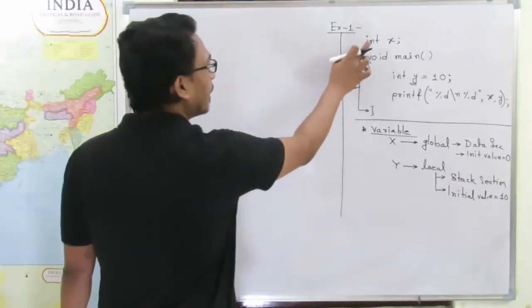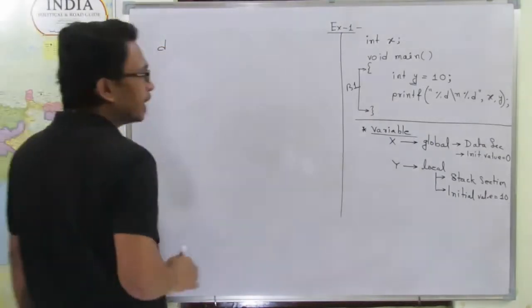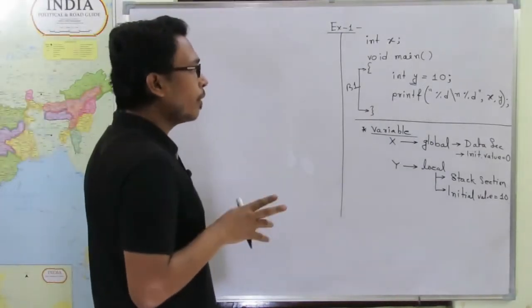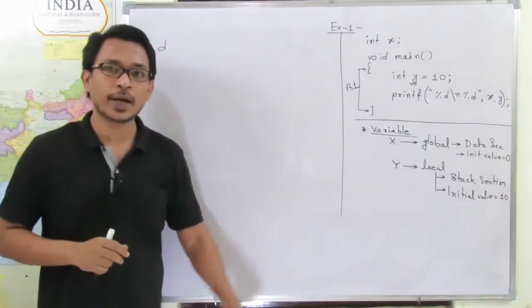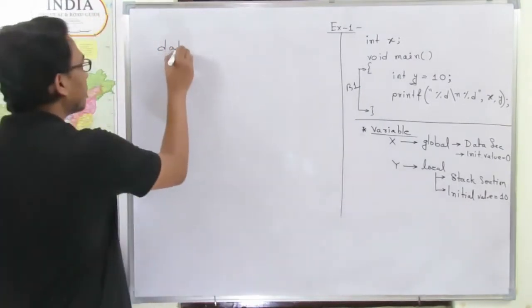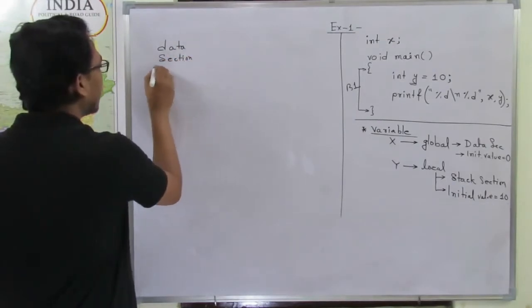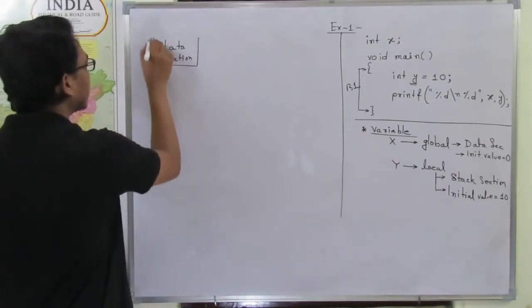Now coming to the memory allocation part. Look, here we have one global variable, so we need two separate sections of memory to execute this program. One is the data section and the other one is the stack section.